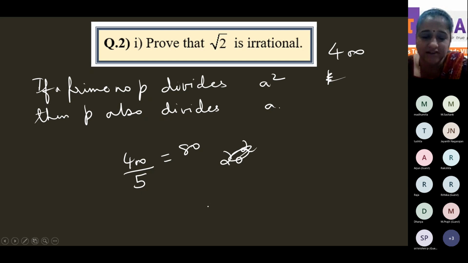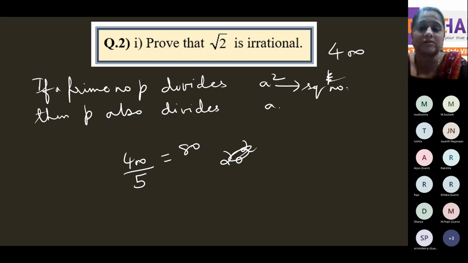See, read that. If a prime number p divides a square, where a square means a square number, then the same prime number p will divide a.